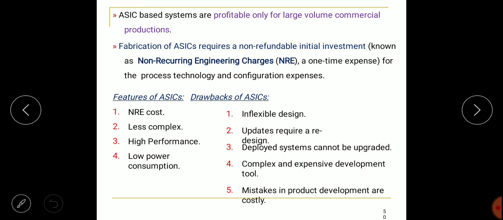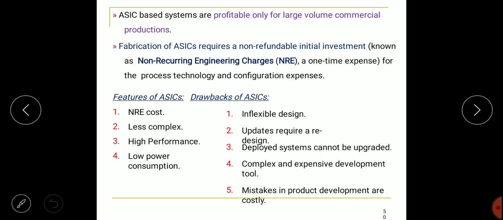At that time the non-recurring engineering charges per unit will be reduced. That's why ASIC processors or chips, when produced in large numbers, are economically profitable. That is the ASIC feature.